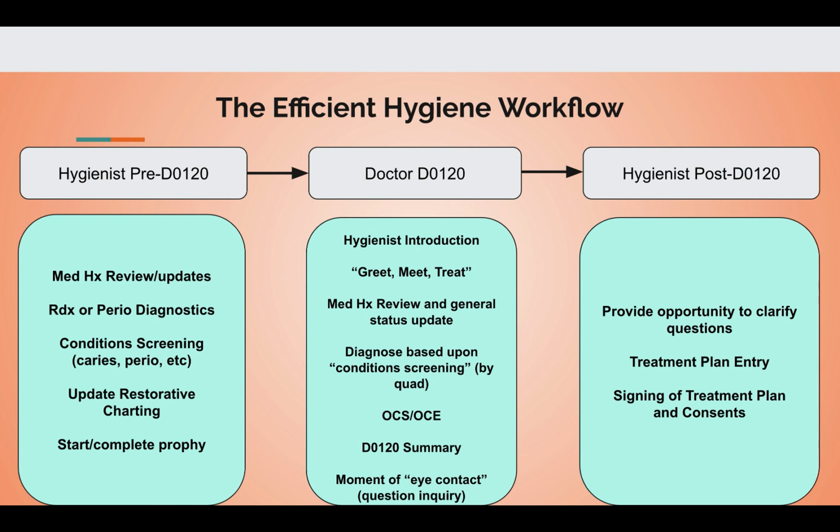The hygienists are very good at that. If the doctor doesn't have trust in the hygienist, by all means, feel free to move forward and do that. Not every hygienist has the clinical skills necessary to do this with confidence. We work on that, but it's the reality of it. The doctor needs to be astute enough to know who are the providers that I can trust to do the screening of information for me.